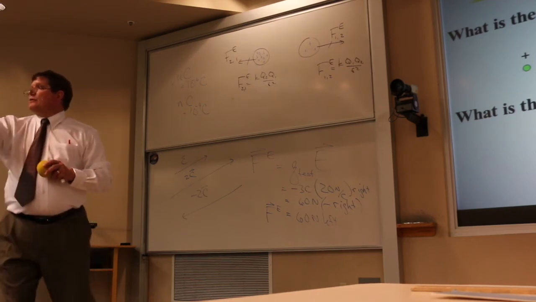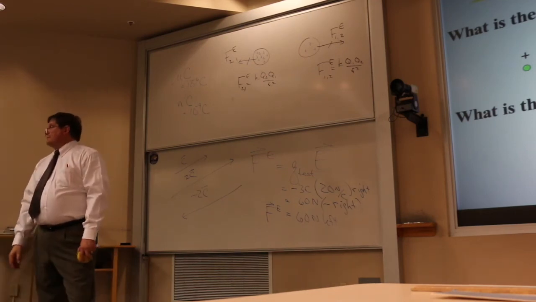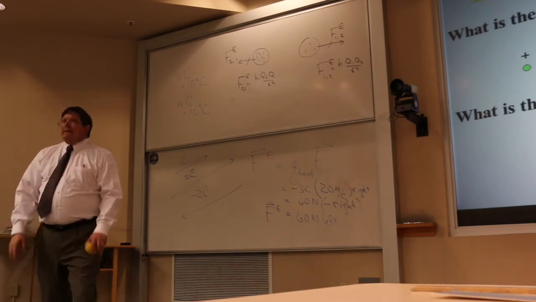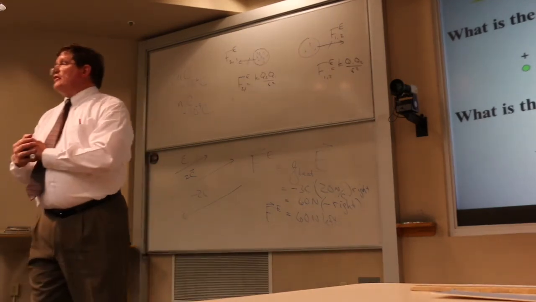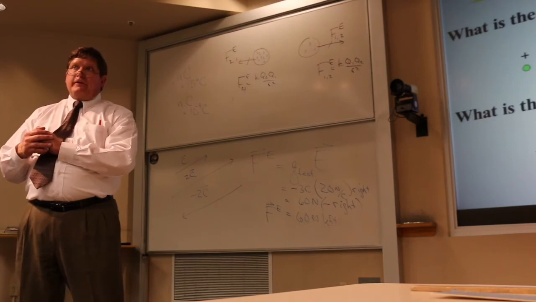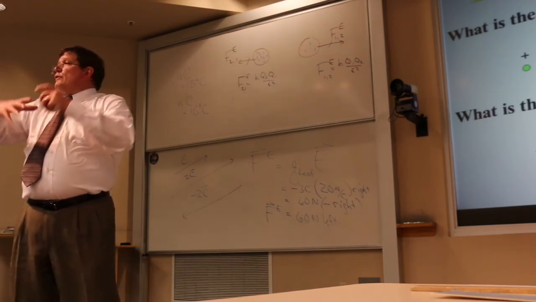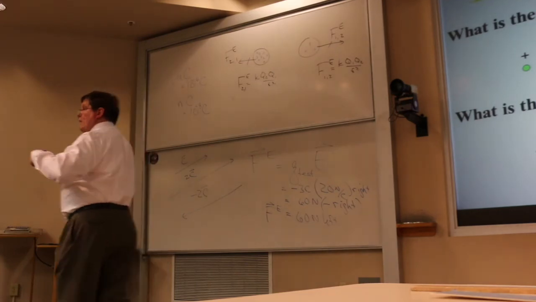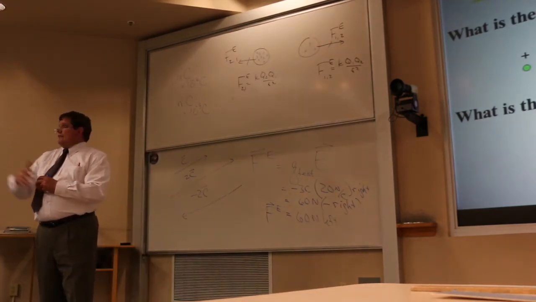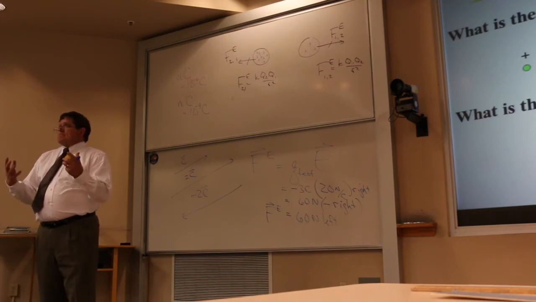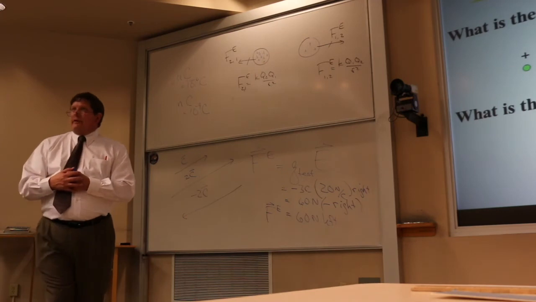So I didn't have to deal with this action at a distance because, hey, the field was back there and it pushed. Now it turns out that even though this thing started as a gimmick, as a convenience, we found out it was real. When you look at what radio waves are, or television waves, or light, they're all electromagnetic radiation.